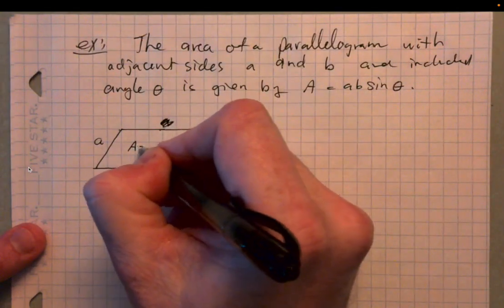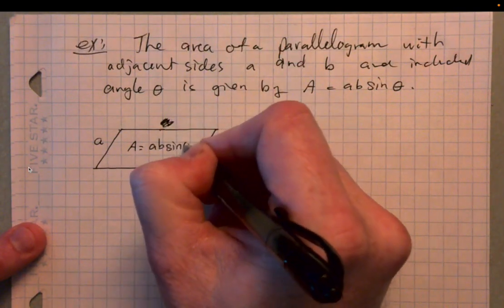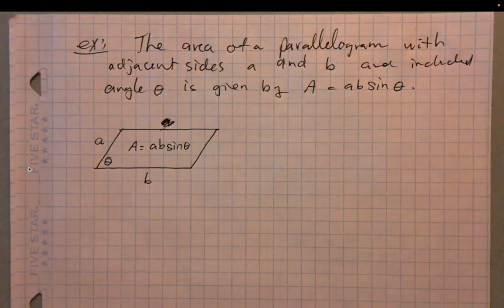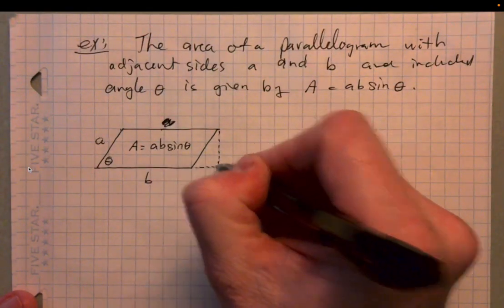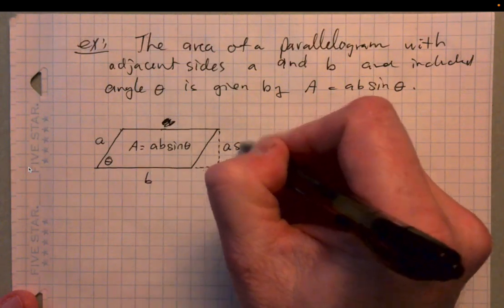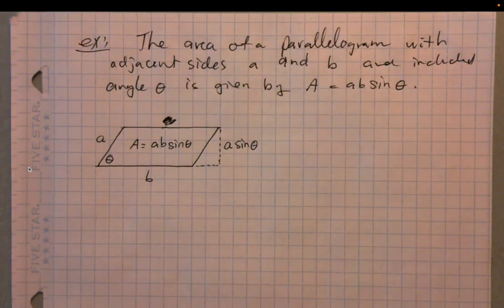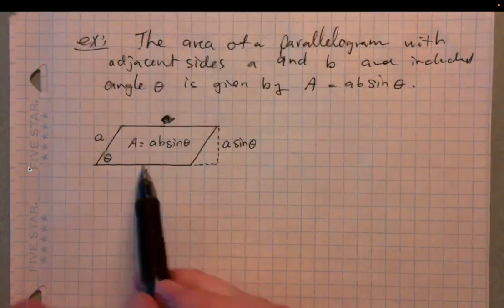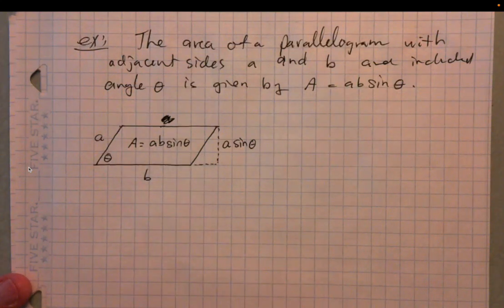The area here is a b sine of theta, and here's your theta. The way you would think about this is that the height is going to be a times sine of theta. Recall how to calculate the area of a parallelogram: it's base times height. So b is the base, a sine theta is the height. That's where you get the area a b sine theta.